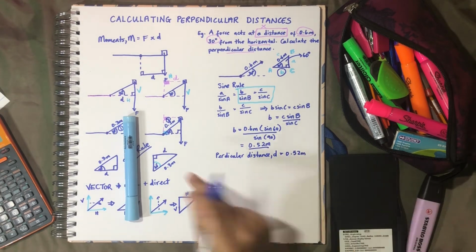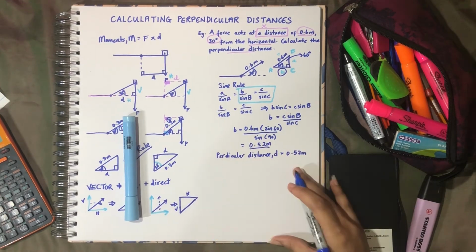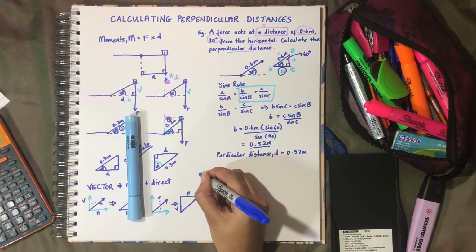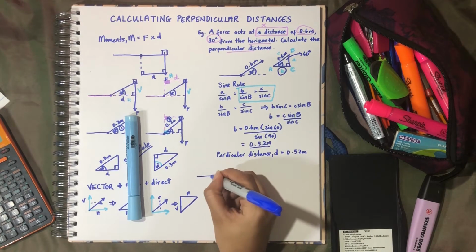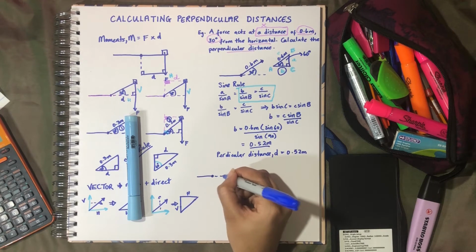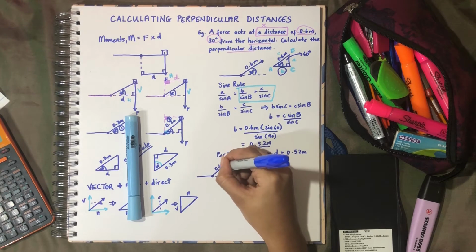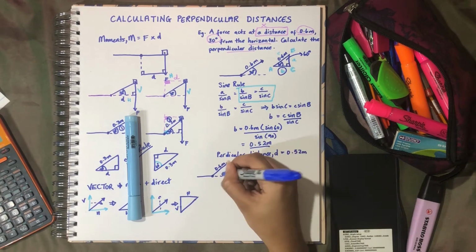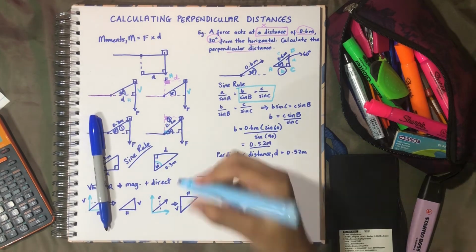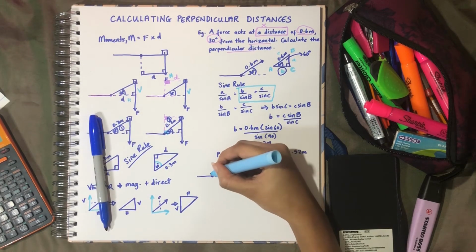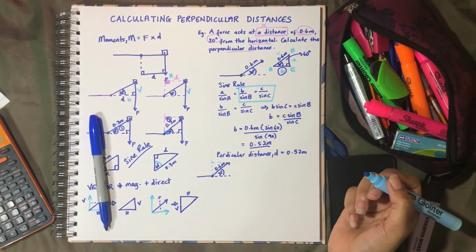Now remember, we could use this triangle too. I'm just going to do it smaller so that it fits on this page. So we can draw over the diagram and find the perpendicular distance another way. We continue the horizontal and draw the line up. We know this is 0.6 meters and this is 30 degrees, but we decide we want to do it the other way. So we run this line up from the fulcrum and attach it to the line of action of the force.